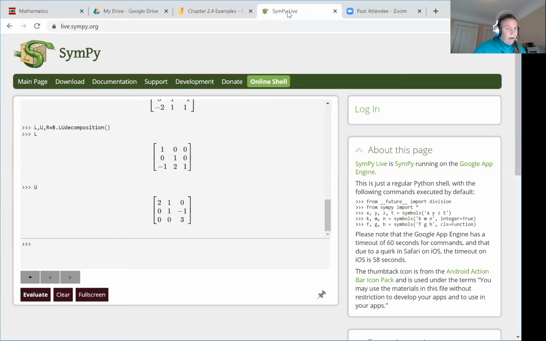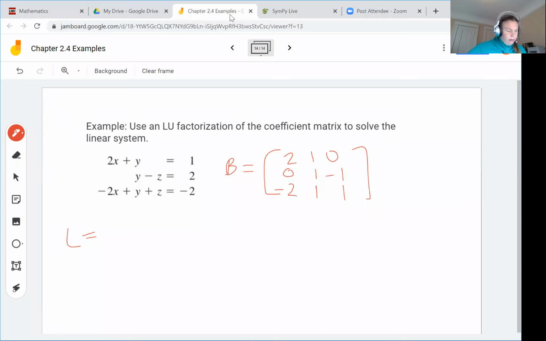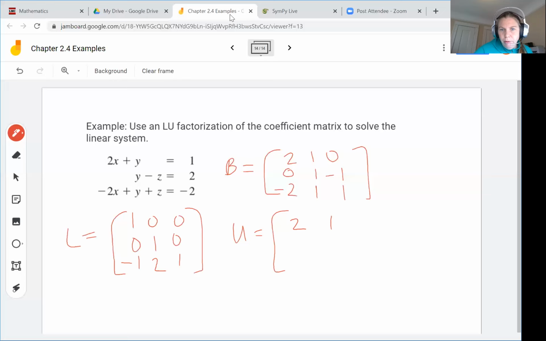So I'm going to rewrite these over in my other screen. I got my lower triangular matrix, and then here was my upper triangular matrix.